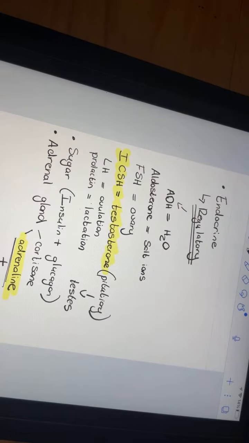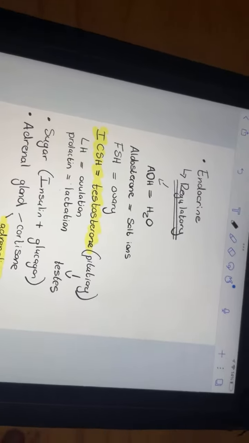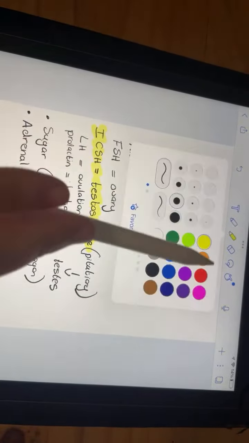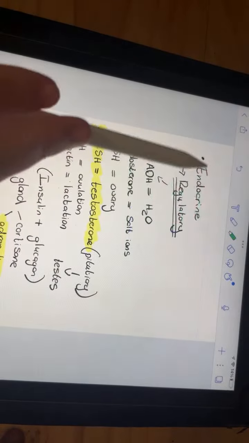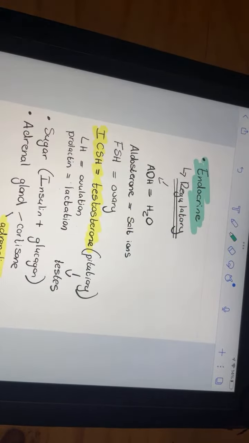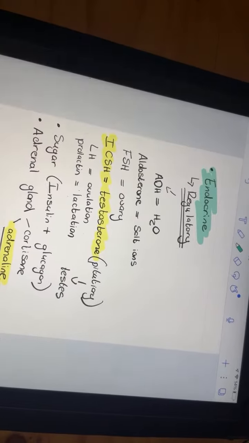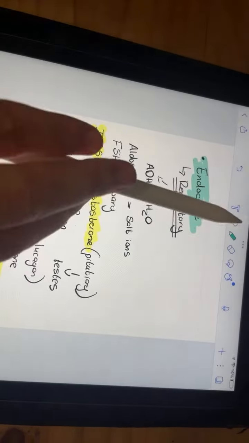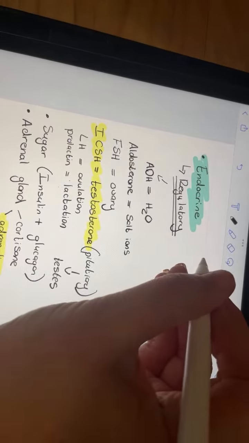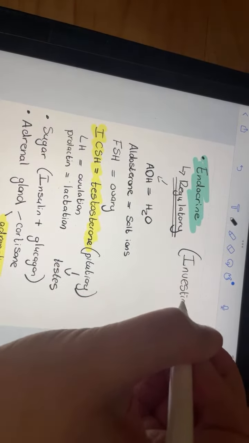Let's think of anything else that they might ask you. My word of advice to you also is that the endocrine system is often where we see the investigative question. So this is generally an investigation, not always, but it generally is.